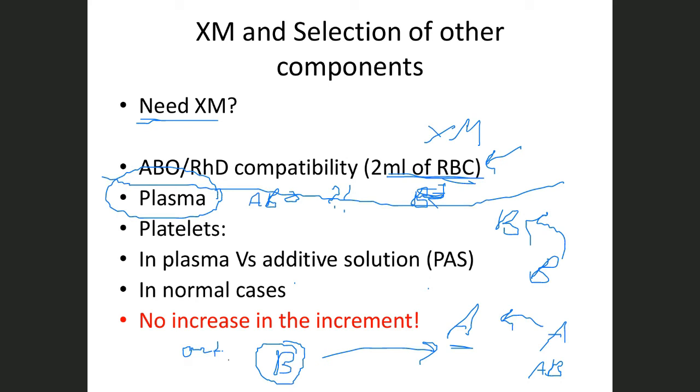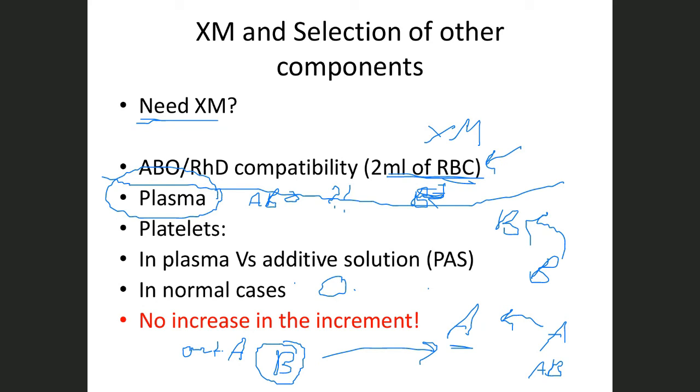People from group B contain anti-A, isn't it? So what will happen if I do that? I will kill my patient. Now we have to distinguish between RBC and plasma because it's different. Here we talk about plasma.